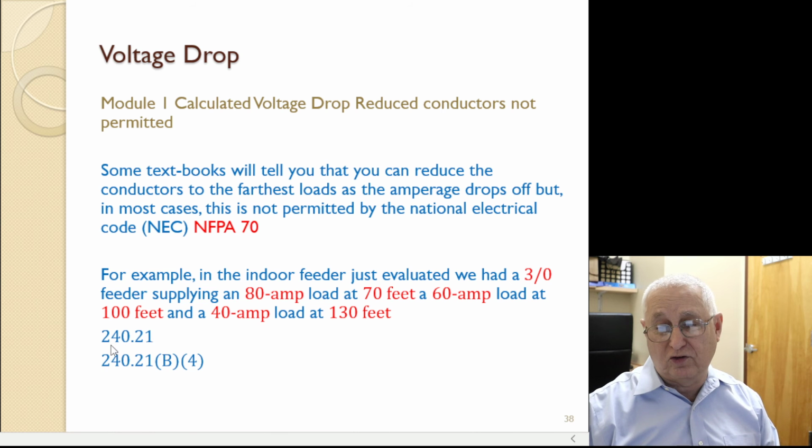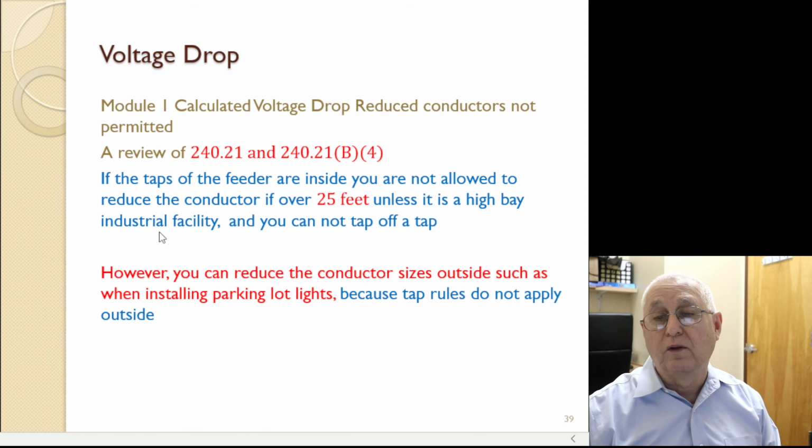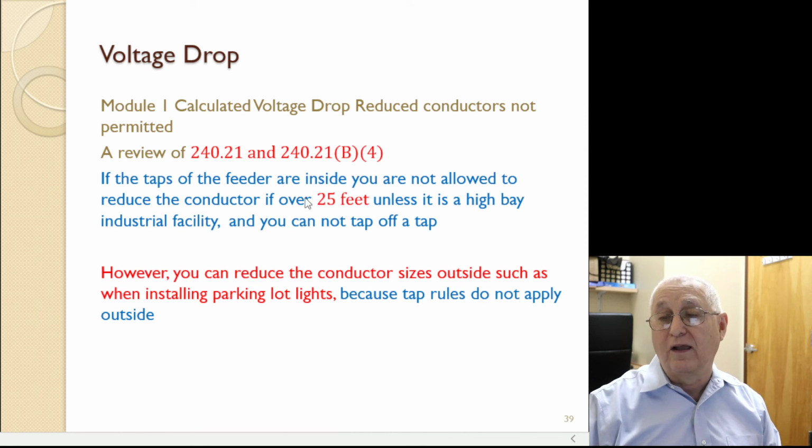These two code sections, 240.21 and 240.21(B)(4), explain this in the tap rules. They tell us that if the taps of a feeder are inside, you're not allowed to reduce the conductor if the tap conductor length is greater than 25 feet, unless it is in a high bay industrial facility, and you can also not tap off a tap.